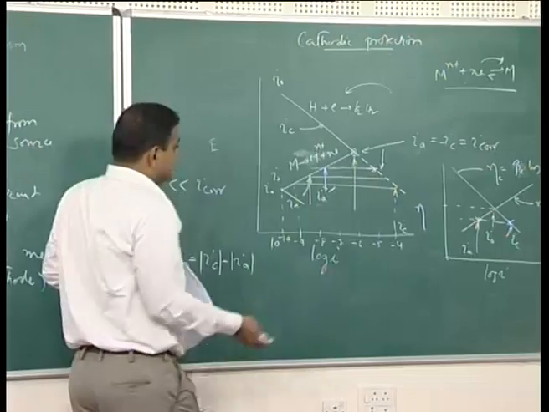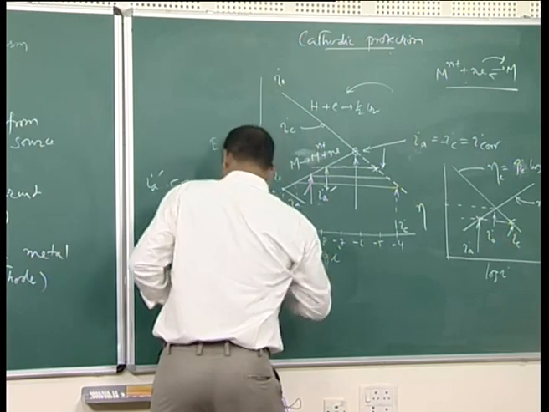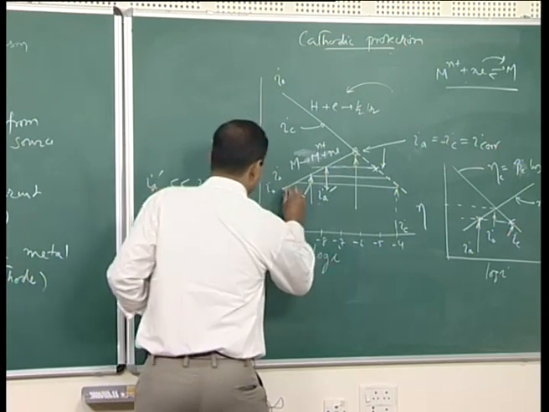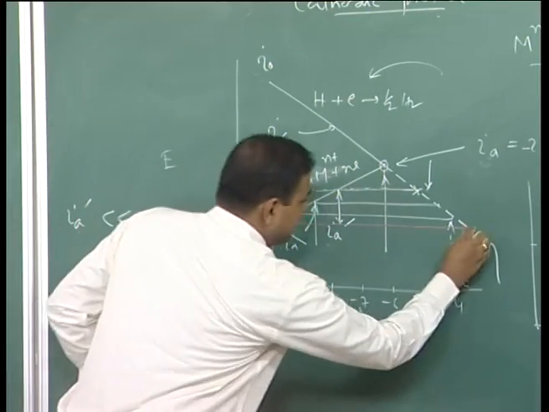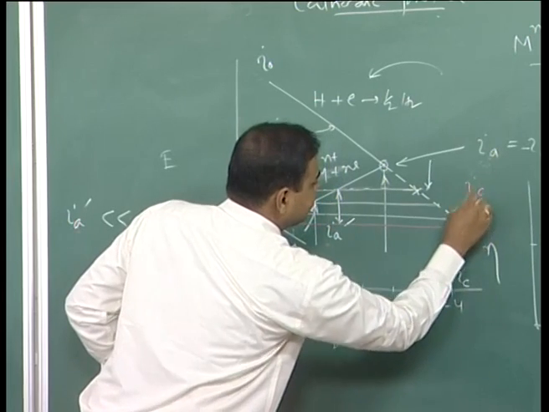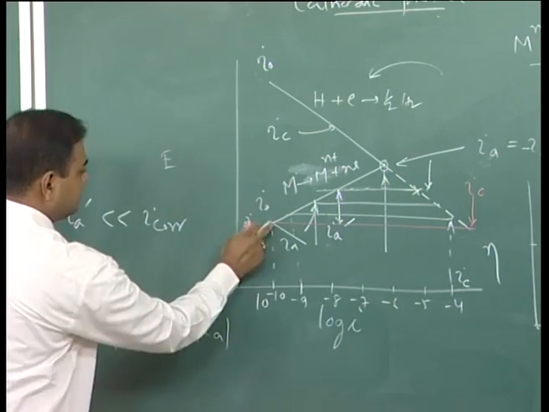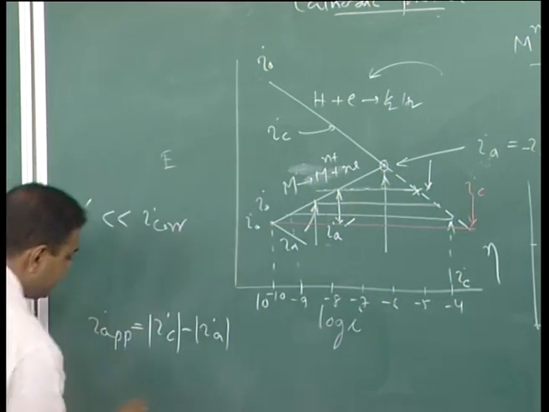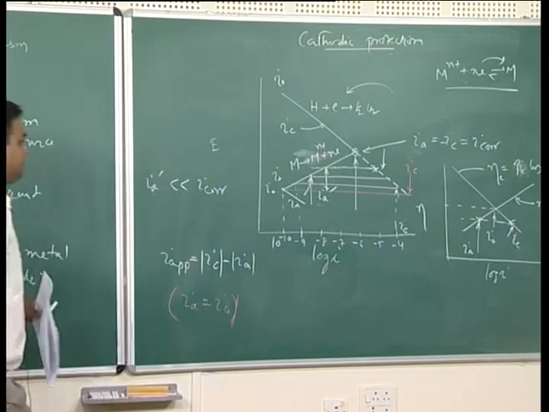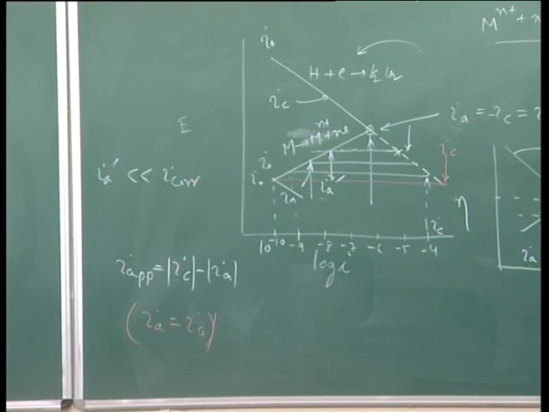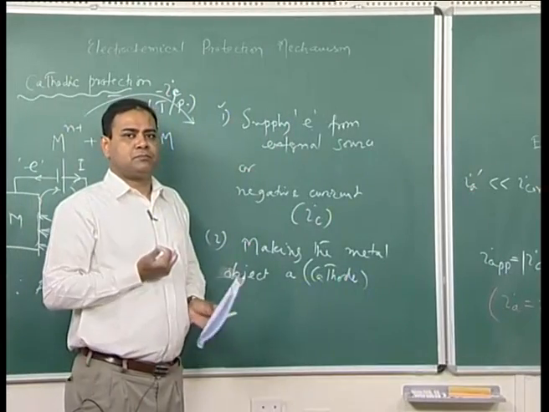Now, if we go along this and I can reach this level, let me put it in red color, if I supply I_C to be at this point, the corresponding I_A would be I_0. So, corresponding with the red one, I_A would be equal to I_0. I_0 is the current density that corresponds to the non-corroding system.